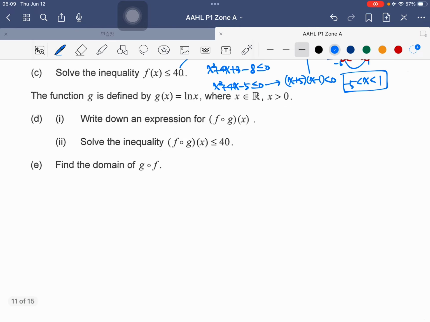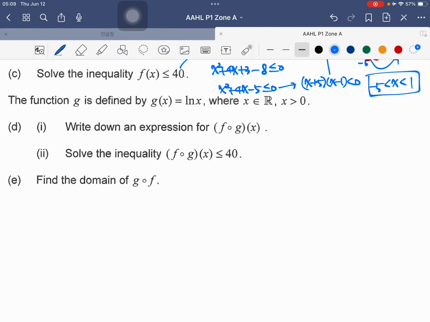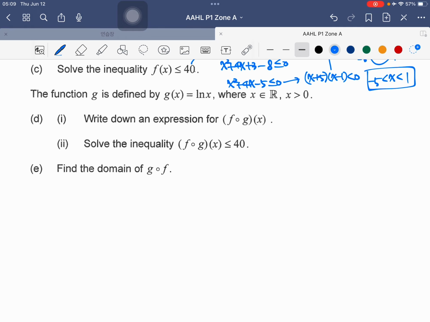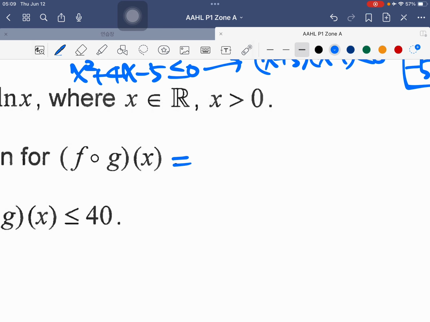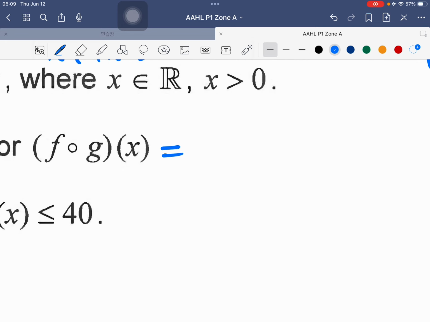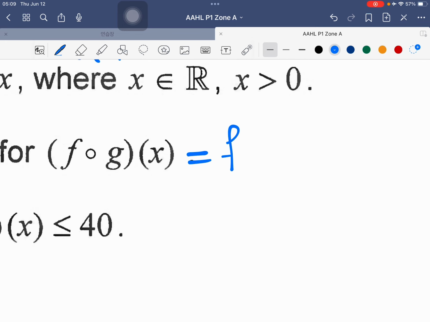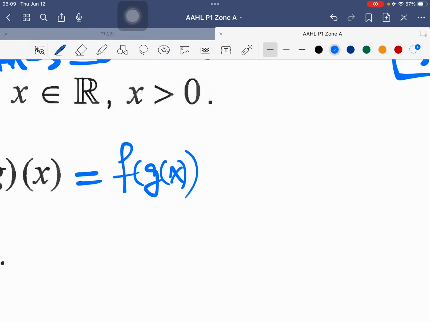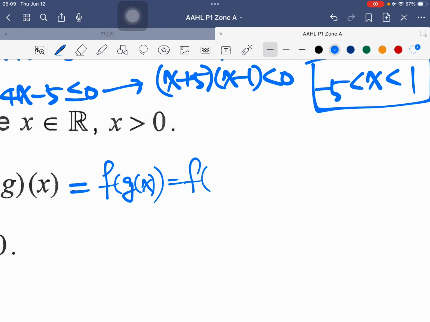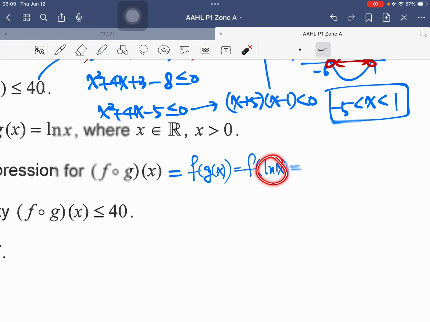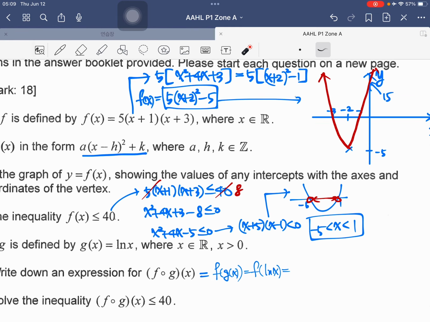Okay, the function I've defined is g(x) equal to ln of x, where x is a real number. Of course, x is greater than 0. Write an expression for f of g of x. f of g of x means g(x) goes inside f(x). g(x) is ln x, and this ln x goes into the x of f(x).